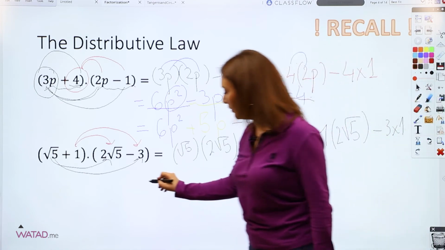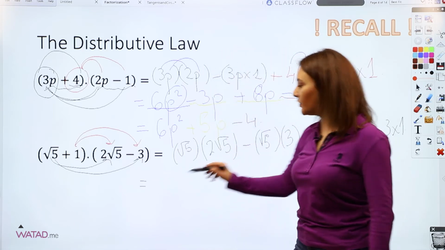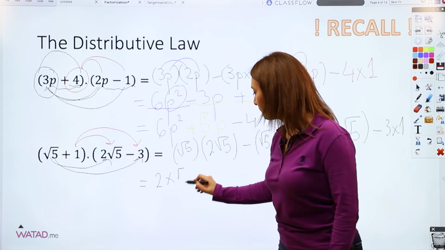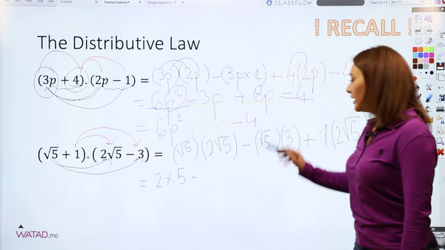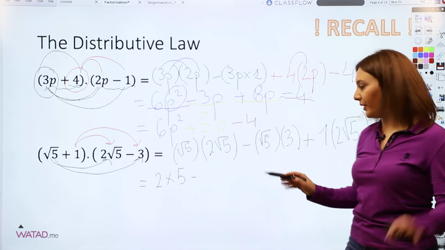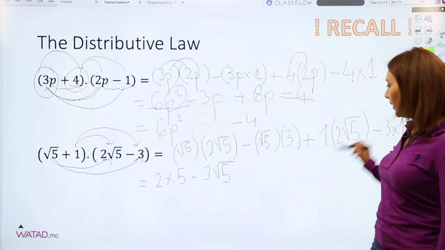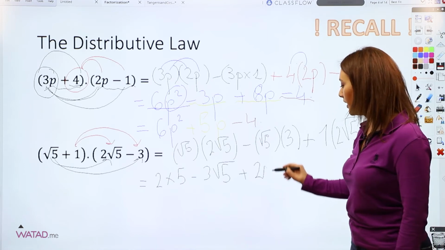Let's calculate now. 1 times 2 is 2. Radical 5 times radical 5 is 5. Minus. Square roots and integers separated. So this is 3 radical 5 plus 2 radical 5 minus 3.